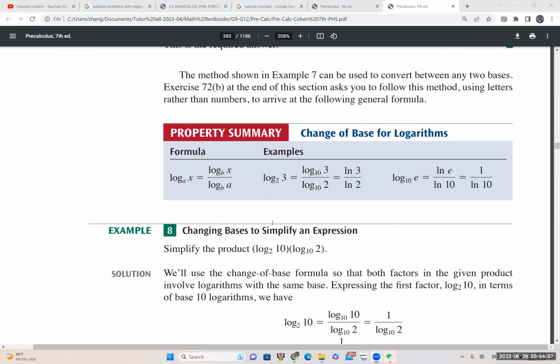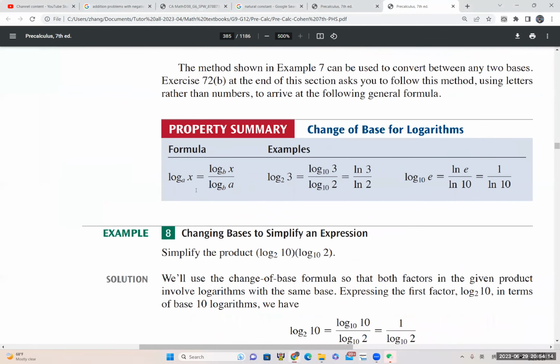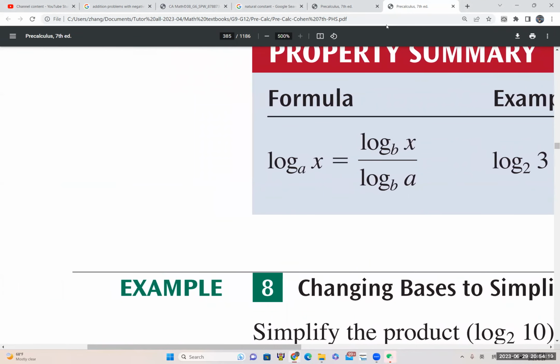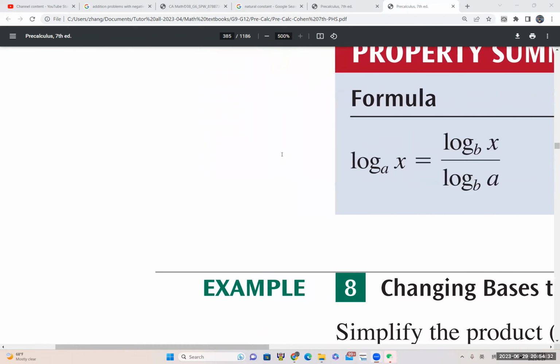Let's try to prove it, following the example we saw just now. Suppose we just want to do this, right?